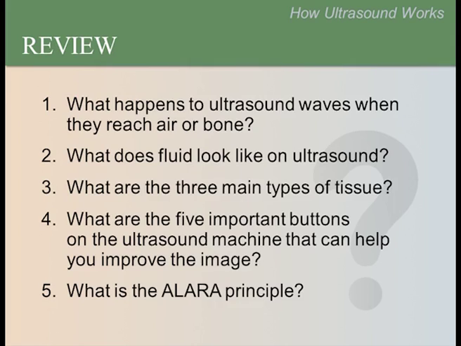What are the three main types of tissue? The answer is complex, cystic, and solid. What are the 5 important buttons on the ultrasound machine that can help you improve the image? The answer is the gain, time gain compensation, depth, focus, and zoom.